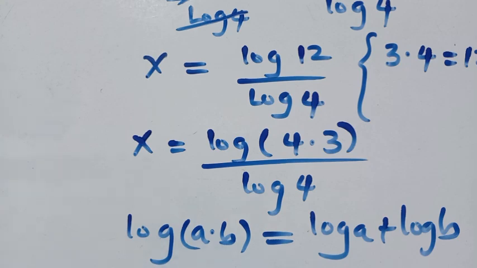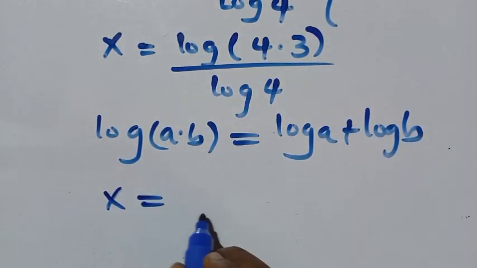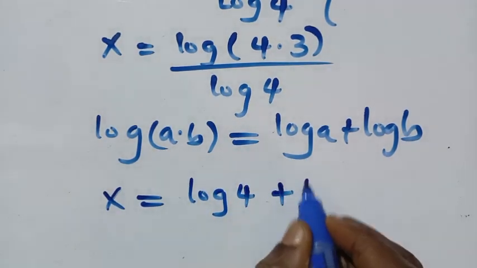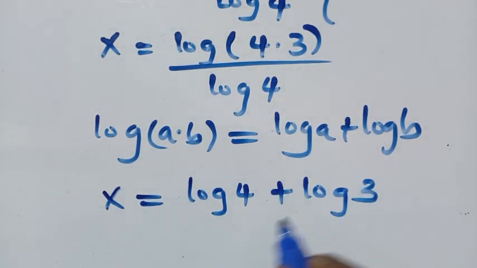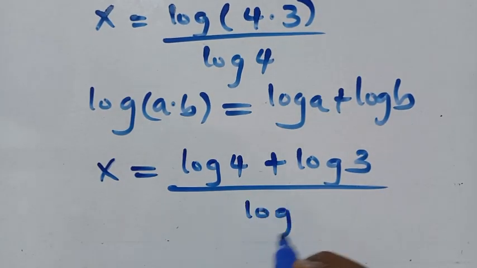So we have x equals log 4 plus log 3 divided by log 4.